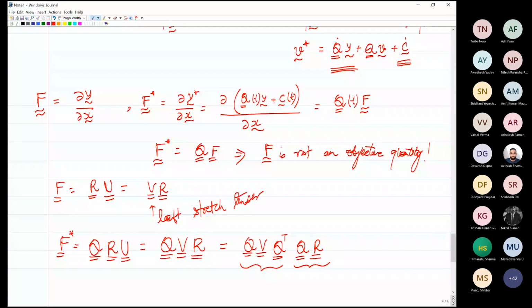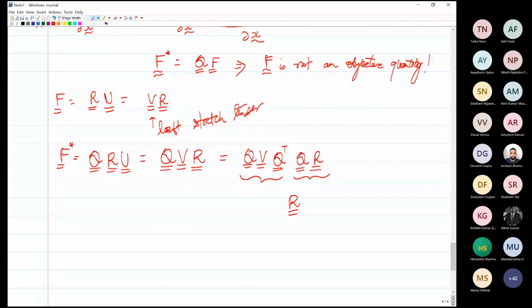So what this tells us is that R changes to QR, which is your R star here, and V changes to QVQ transpose, which is your V star over here. So what you notice is that V star is indeed QVQ transpose, and that's why V is an objective quantity.